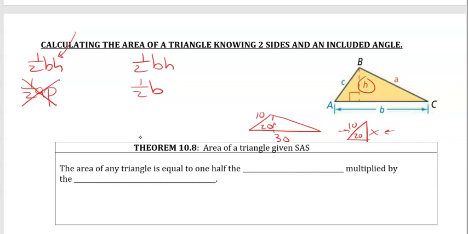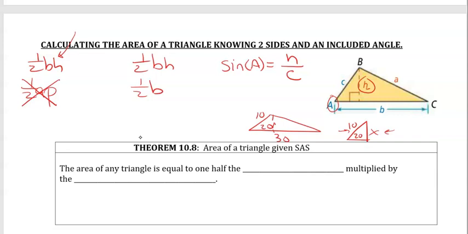Fantastic. So we call this angle A. To find out what H is, let's set this up. This would be sine of angle A equals the opposite, which is our height, over this, which is C. This is a little confusing because we don't have numbers in here.